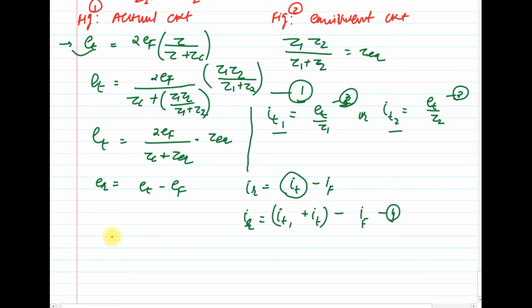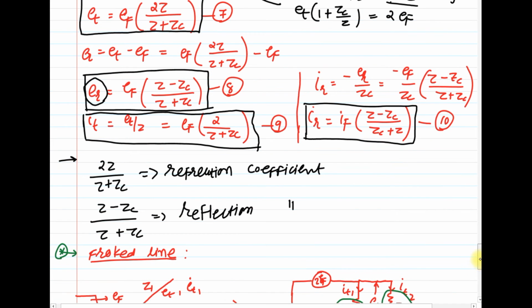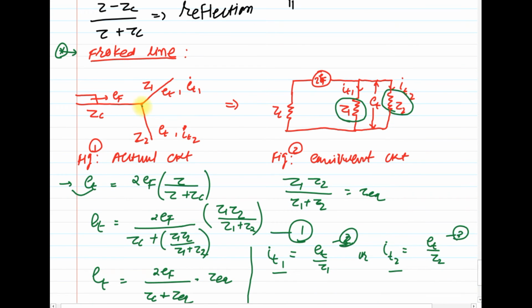So the same procedure can be extended to analyze the case of line branching off into any number of lines. If it is a branch of, say, one more over here, Z3, then the next step is we will add the parallel line of Z3 over here, and same way we have to calculate the Z equivalent for this overall circuit, and substitute in this equation, say A. Clear?